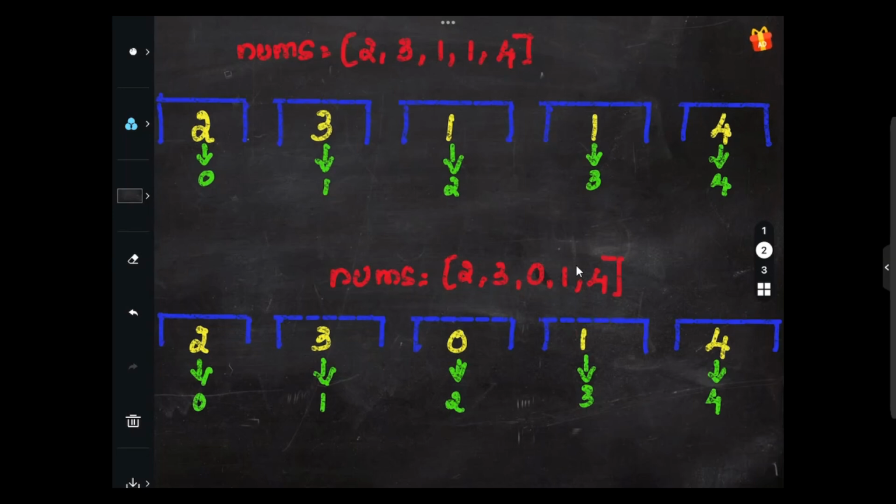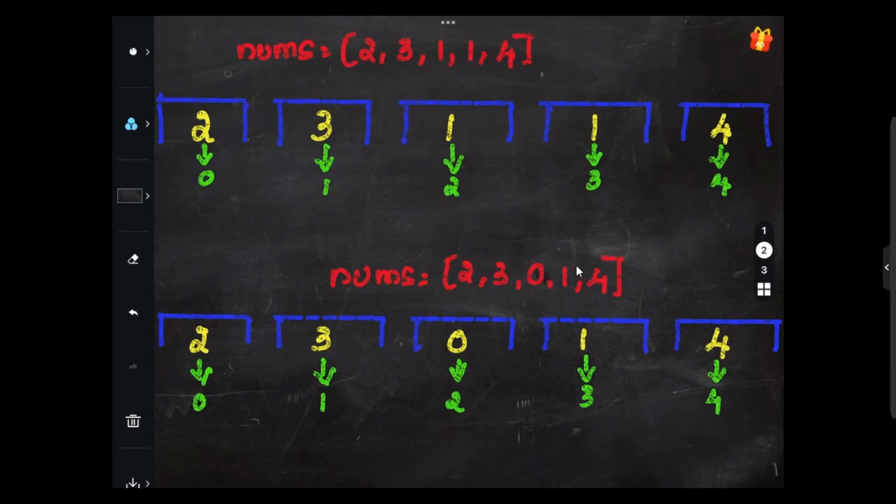In Jump Game 1, they had asked whether we can jump from the 0th index to the last index or not. If we can jump to the last index, we had to return boolean true; if we cannot, we had to return false. That was Jump Game 1.